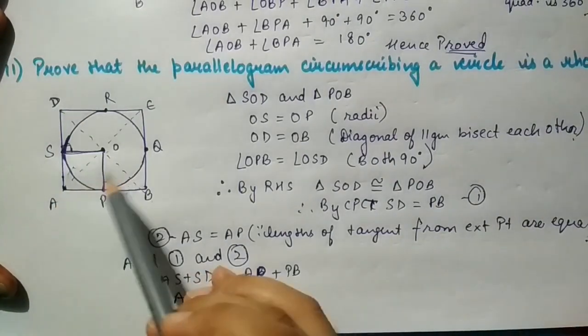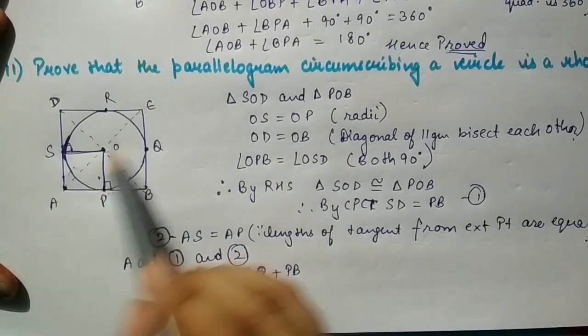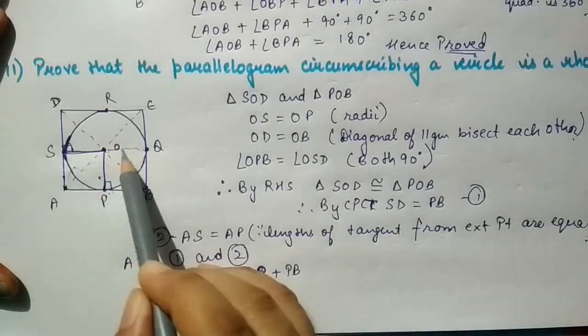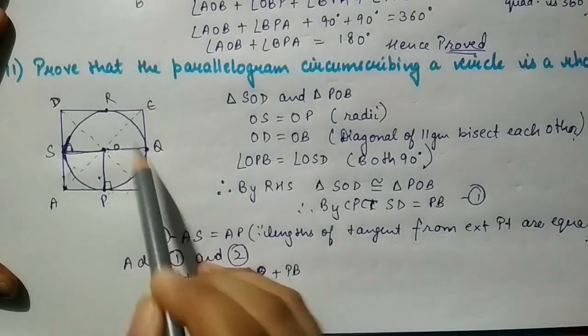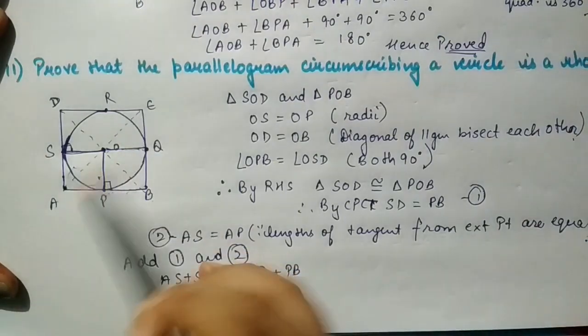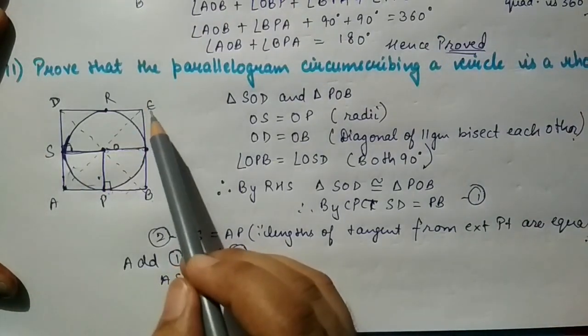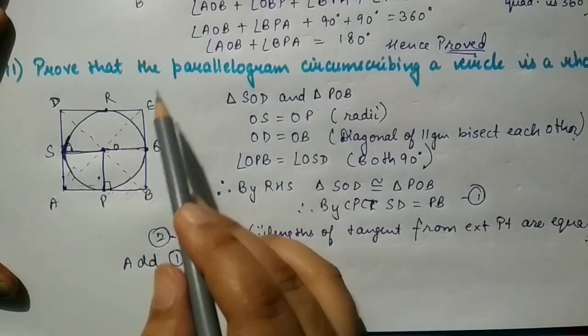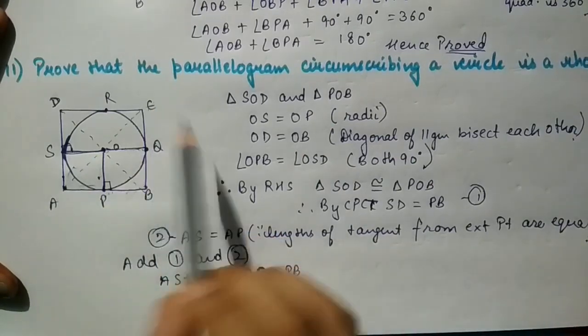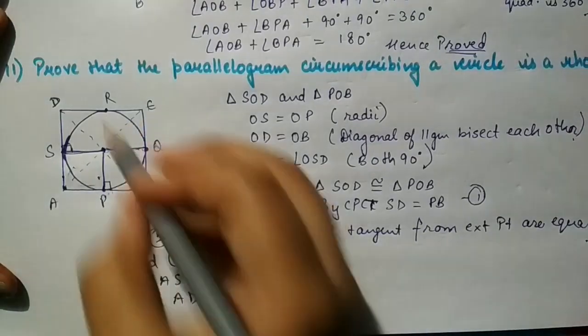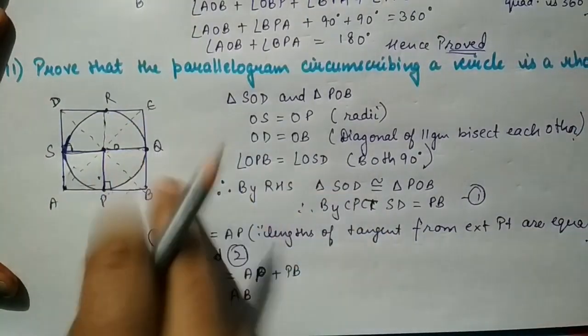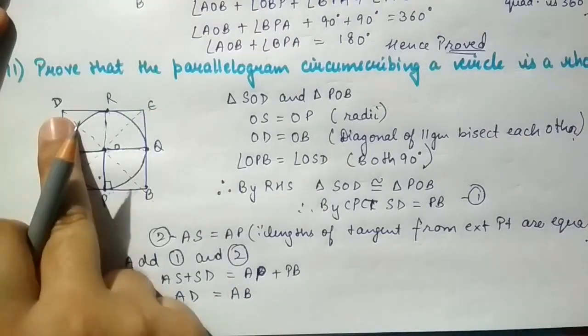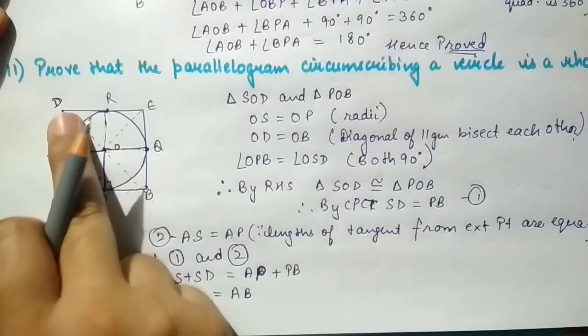Similarly, if you consider this triangle, and if I join OQ also, and consider this triangle and this triangle, then you will be able to get the same result, that AP is equal to BC. And similarly, if you use the other triangles, you will get BC is equal to CD and CD is equal to AD.